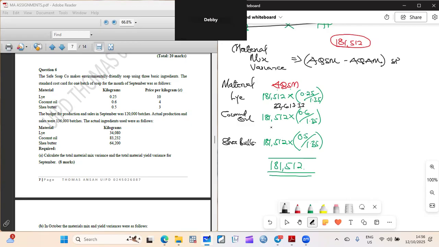Then the second one, 80,672. Then the last, shea butter, should be 67,226.67. So when you add everything, you will know the total quantity of material that has been used. It should be equal to this one.